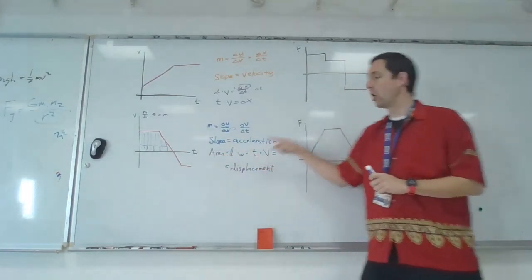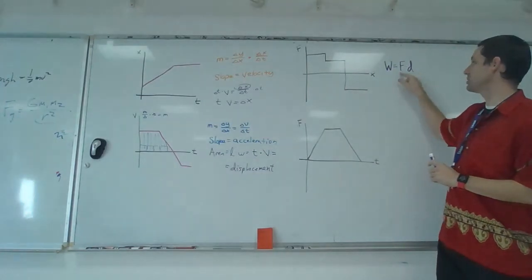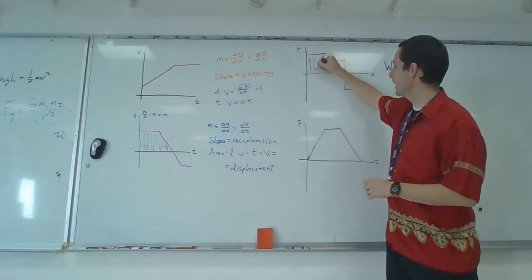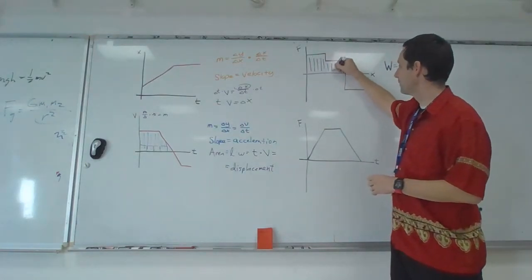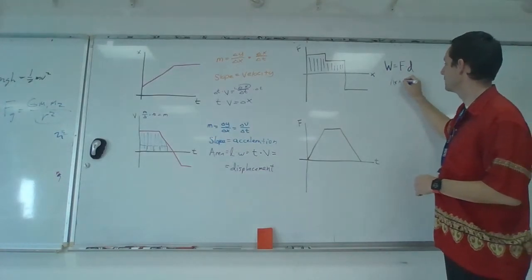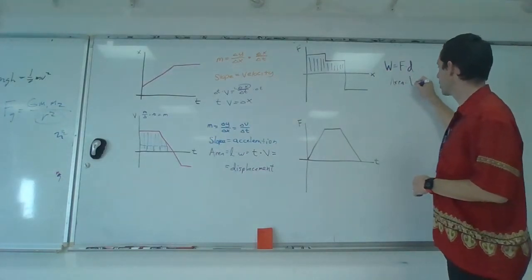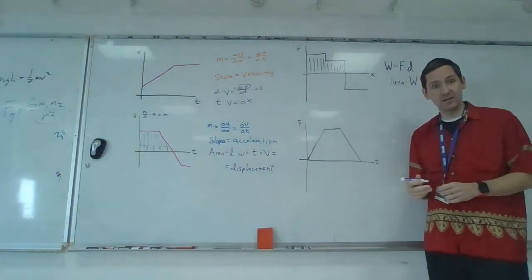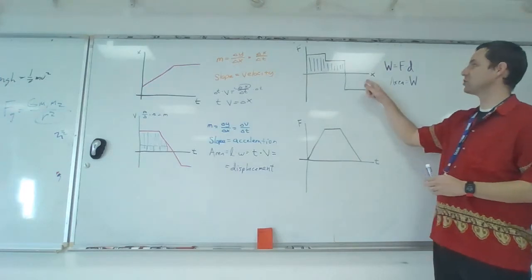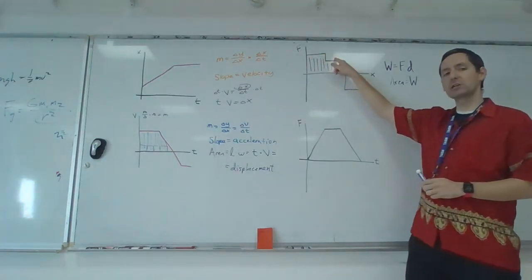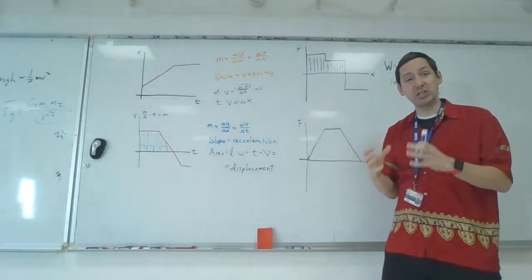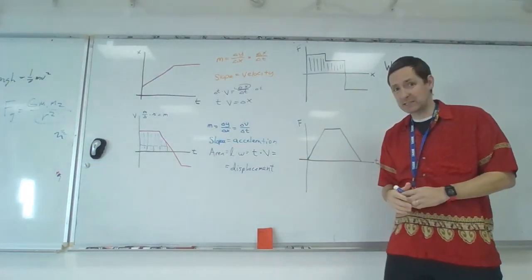All right? So if I multiply these two values, that would be representative of the area under the graph. And so in this case, the area under the graph is the work that's being done. All right? Now, what that means is that I can use this graph with a changing force in order to be able to figure out how much work has been done, how much energy has been added into my system.